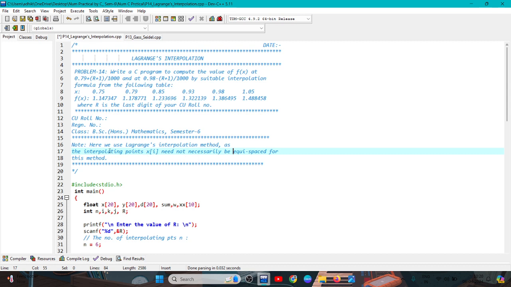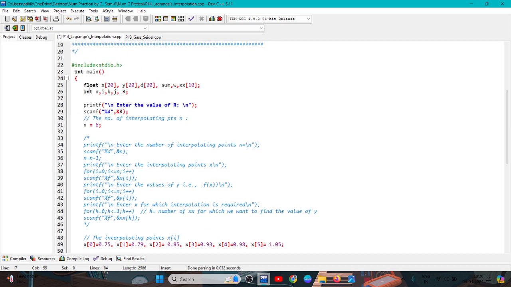We know that interpolating points xi need not necessarily be equispaced for this method. But note that Lagrange's interpolation method may be used for unequispaced and equispaced both.